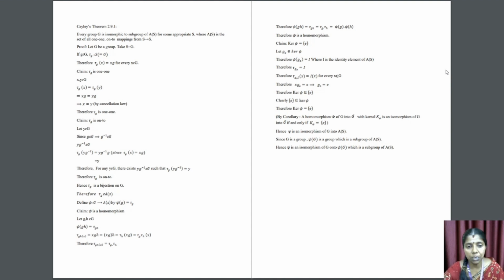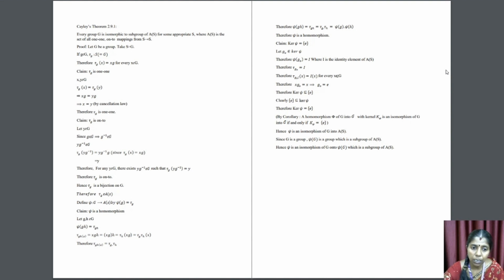Now our claim is psi is a homomorphism. We take two elements g, h from G. psi(gh) equals tau_gh. tau_gh(x) equals x into gh, that equals (xg)h. Since all are groups, they satisfy the associative law, so we take the bracket.